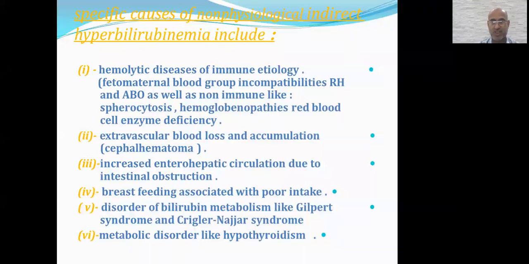In case of intestinal obstruction, we have another enzyme in the intestine that is also called glucuronidase enzyme. In intestinal obstruction, the level of this enzyme increases. This enzyme converts the direct bilirubin again to indirect.